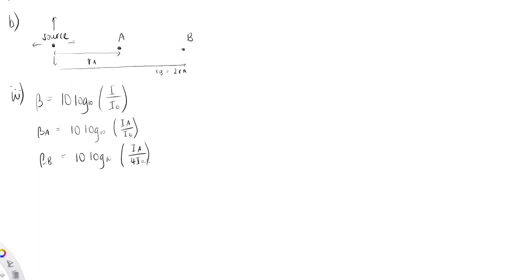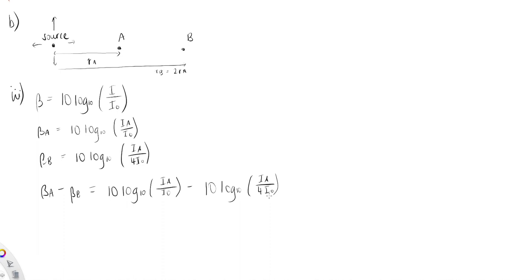Okay, so the easiest way to compare these is by remembering our logarithmic laws. So the way that we're going to do this is by doing the decibels at A minus the decibel level at B. And the reason we do this will become evident really shortly. It's purely because of the way that we can treat the logs.